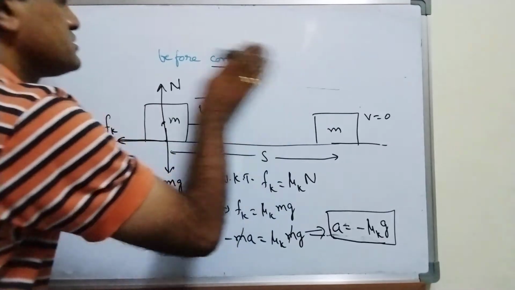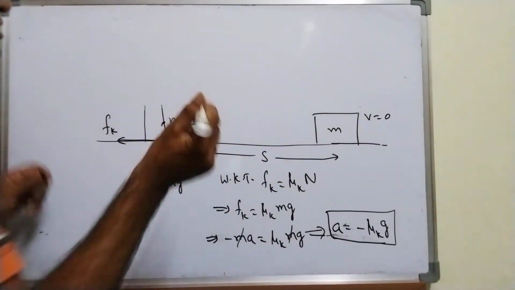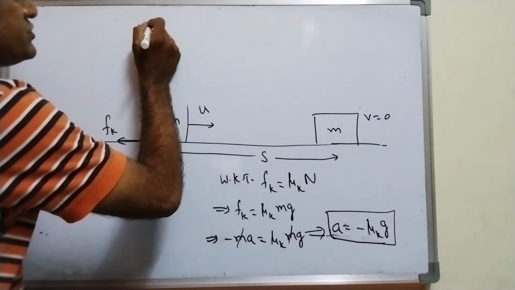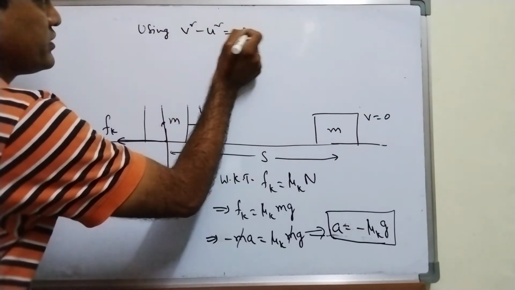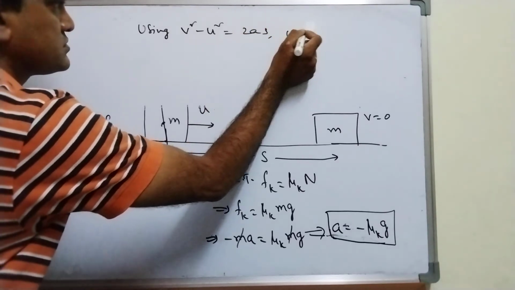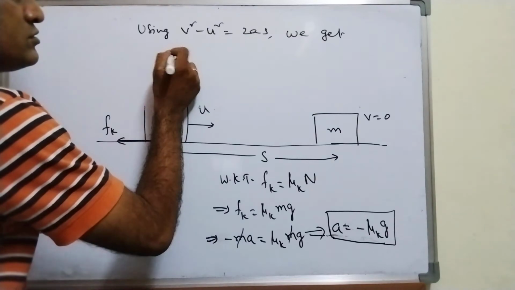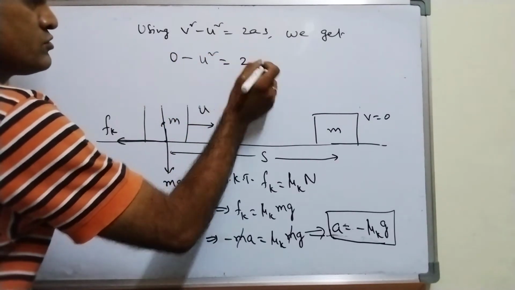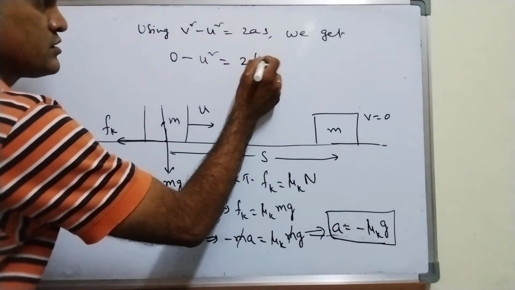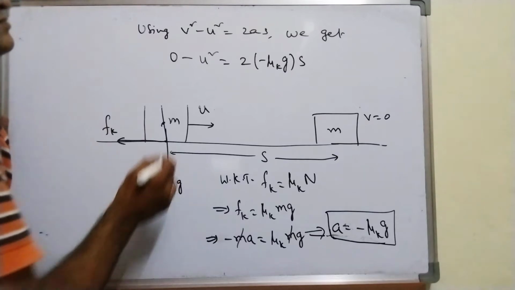Using this, v is 0, so minus u square is equal to 2 into a, which is minus mu k into g, into s.